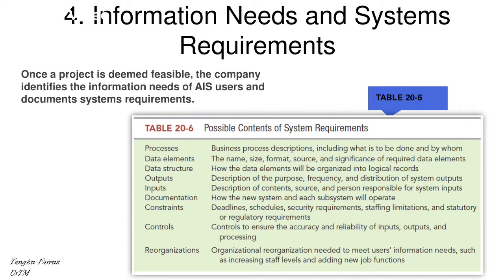All those are the requirements they need to explain in detail, so that they can have a picture when they come up with the design after this. You can see details of the content in table 20.6.